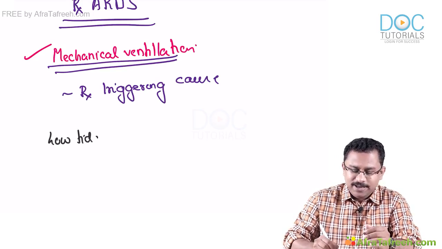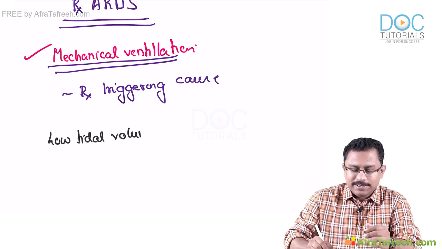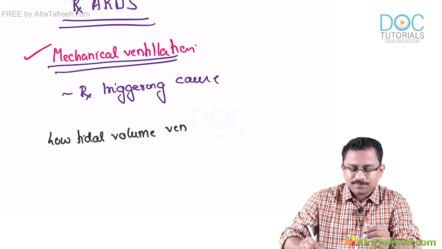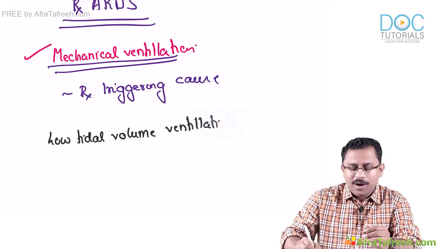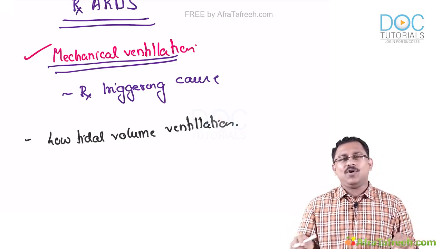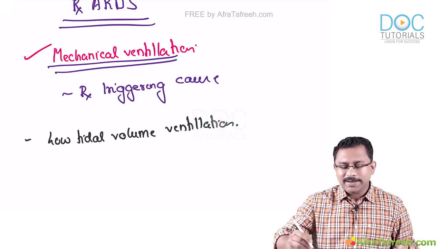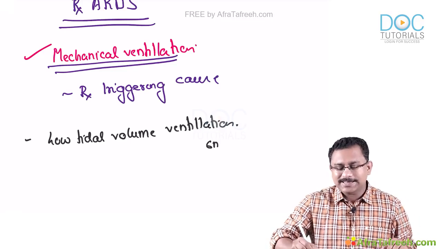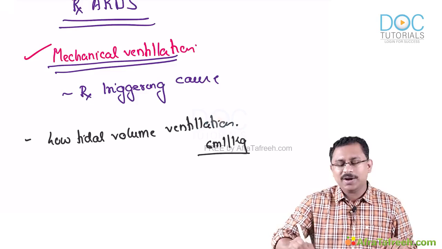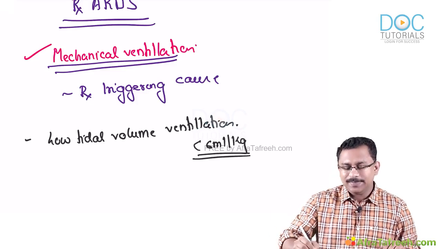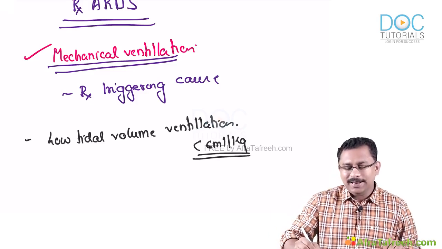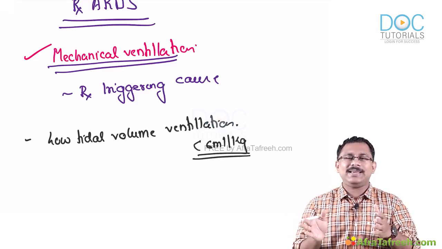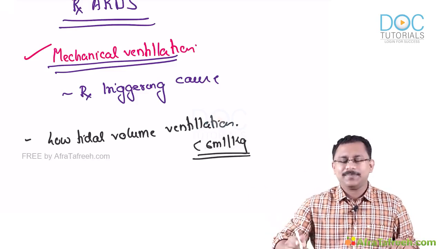What do I mean by low tidal volume ventilation? It means the tidal volume should not exceed 6 ml per kg. So you try to maintain it around 6 ml per kg, not beyond that.